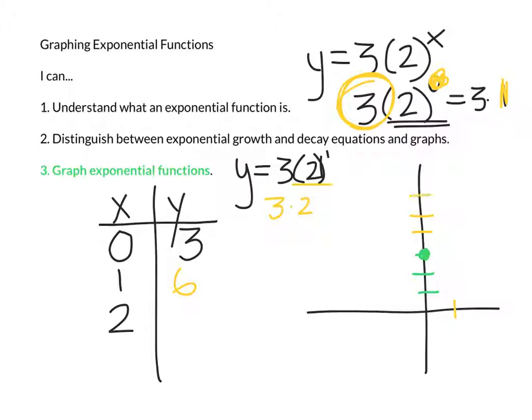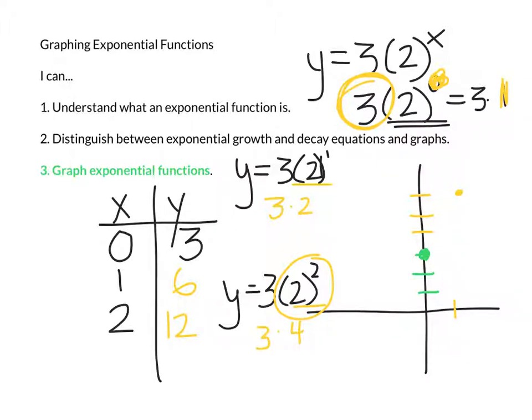4, 5, 6, gosh. Okay, now what happens when we plug in 2? y equals 3 times 2 to the second. Okay, order of operations again. What do I do first? I do this first. 2 squared is 4. 4 times 3 is 12.